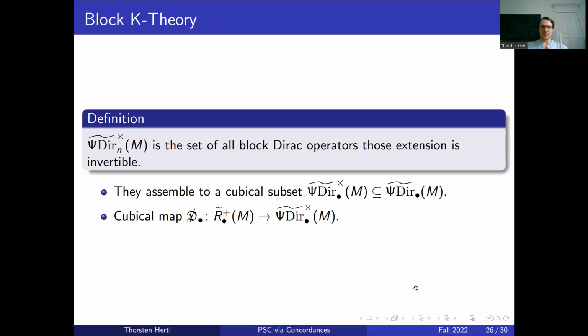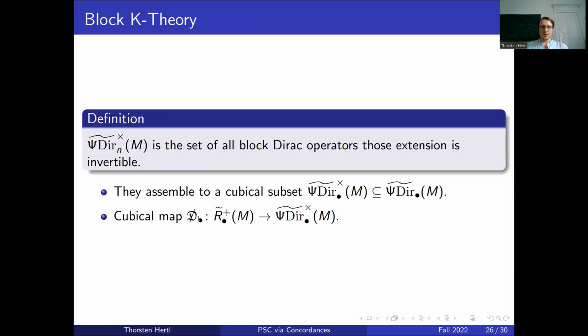And now the new model for our real K-theory consists of the cubical set of all invertible block Dirac operators. And it is a calculation that this is indeed a cubical subset. So the face and degeneracy maps that come from the bigger model, the cubical set of our block Dirac operators, actually preserve the invertibility condition.